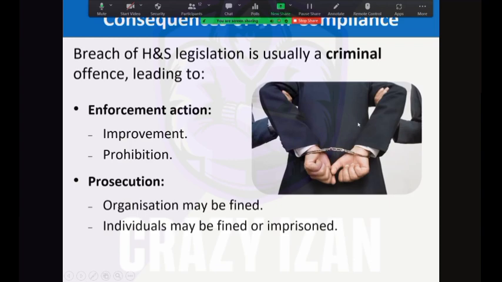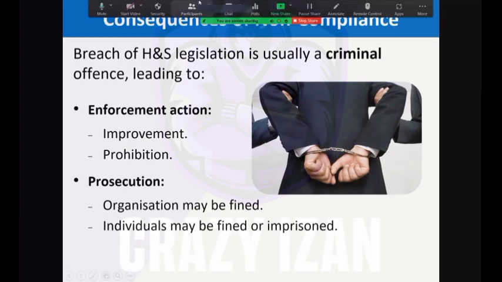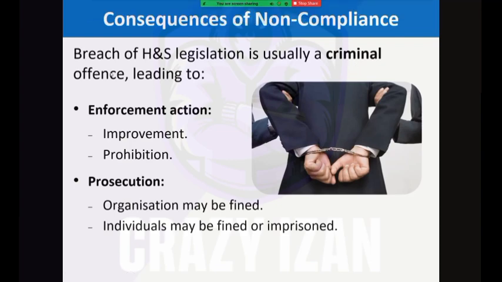So if you contravene the law, or if you don't follow the law, what could be the consequences that you might have to undergo? Number one, you might be held in breach of the legislation, and breach of the legislation is a criminal offense. So breach of health and safety legislation is usually a criminal offense. This can lead to, number one, enforcement actions or prosecution.